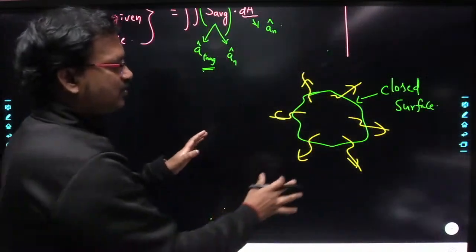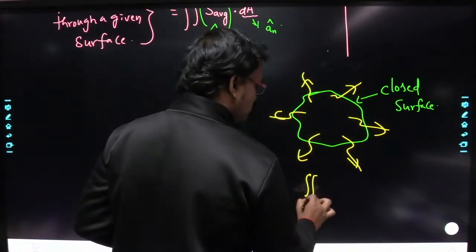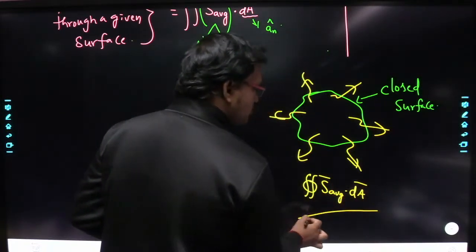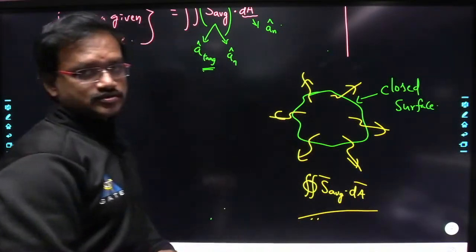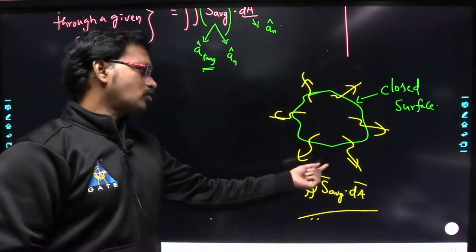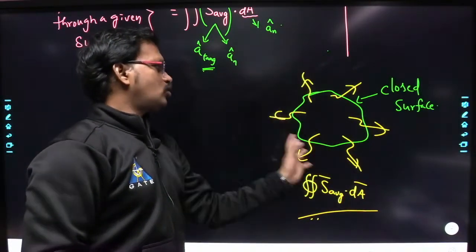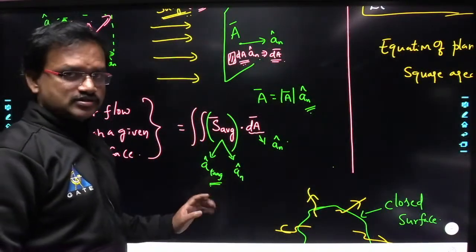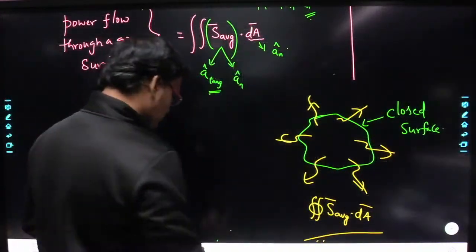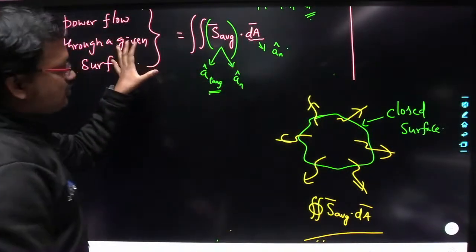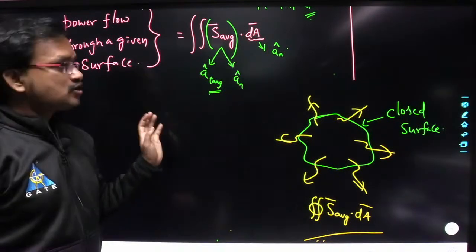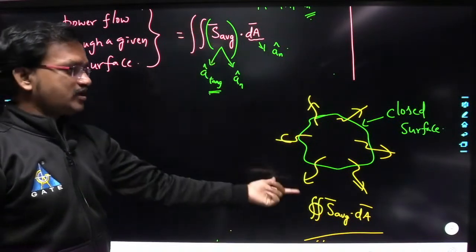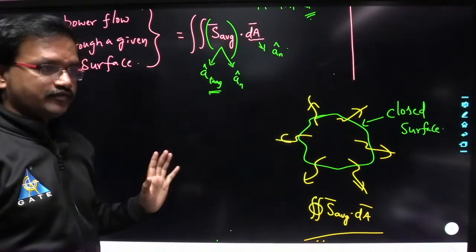If you want to determine the power flow through the closed surface, you have to do the closed surface integral of S average dot dA bar. This gives you the power flow through the closed surface. You just integrate throughout the closed surface, whereas here you integrate throughout the open surface. That is the only difference. Whether it is this one or this one, the concept is the same. Just the mathematical representation is different.